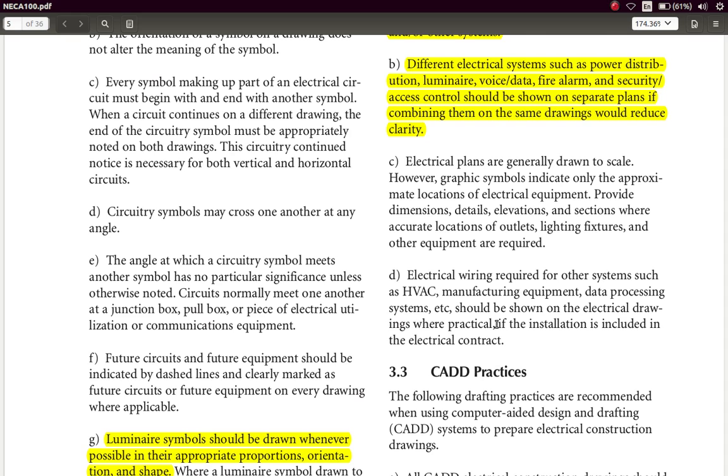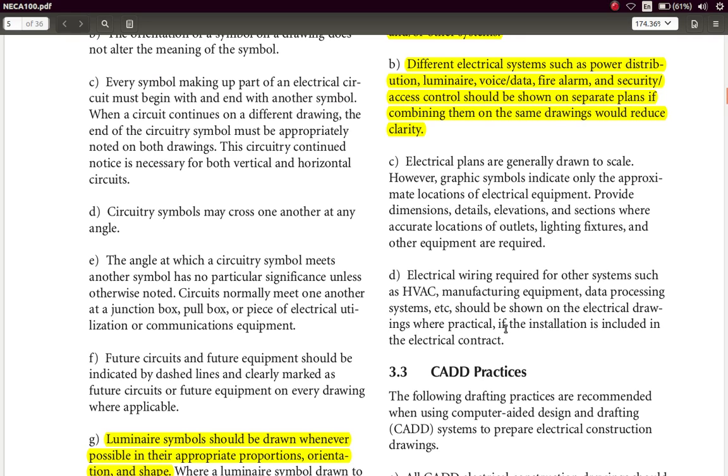So in this case, for example, the data processing system would concentrate on communication cables and communication equipment. However, the electrical wiring required to power them should be there. So those should be shown on the electrical drawing where practical.